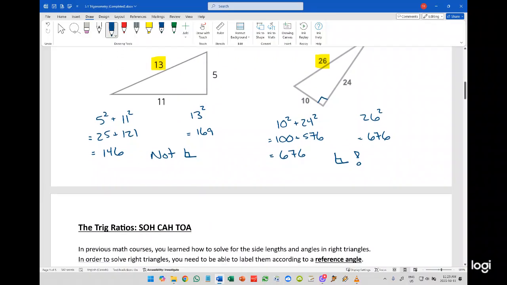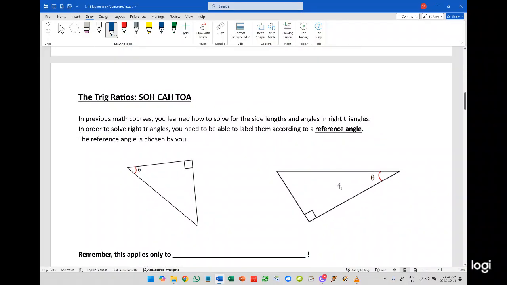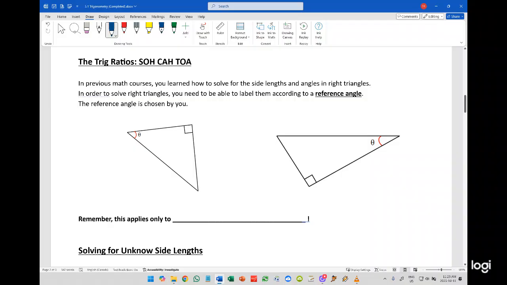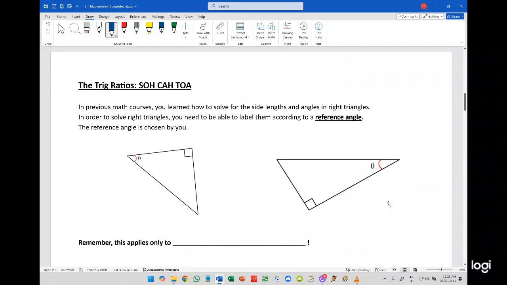All right, moving right along. We learned another tool. You would have learned it in grade 10 or 11 or wherever else you were. Either way, you should recall there was a rule called SOHCAHTOA. I'm just going to make a little note up at the top here for those of you who don't remember what it stands for. SOHCAHTOA says that the sine of an angle is equal to opposite over hypotenuse.